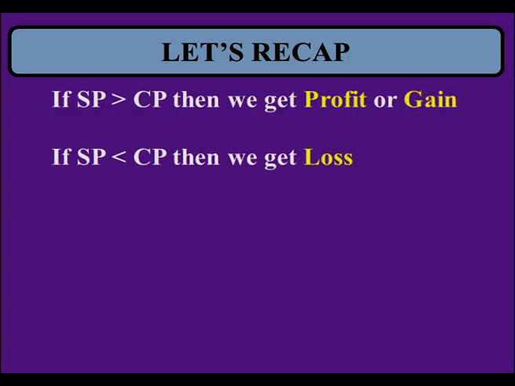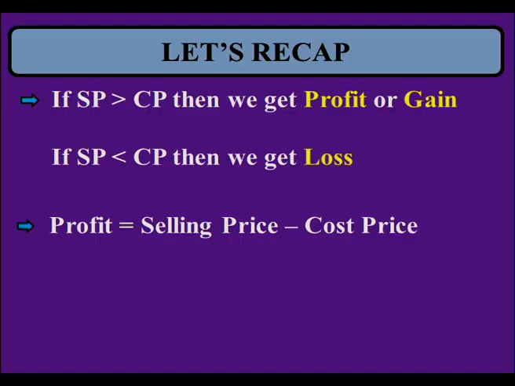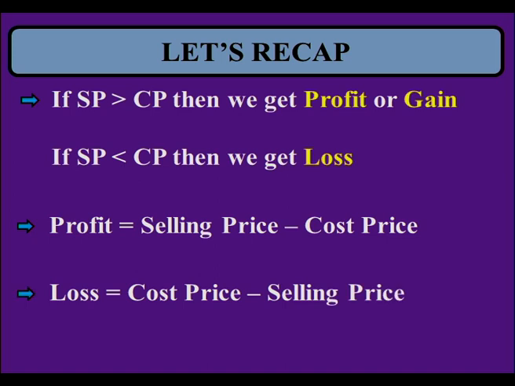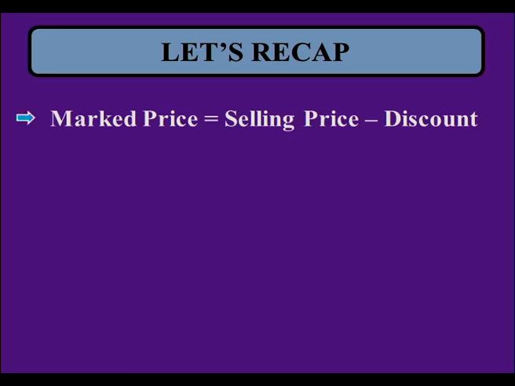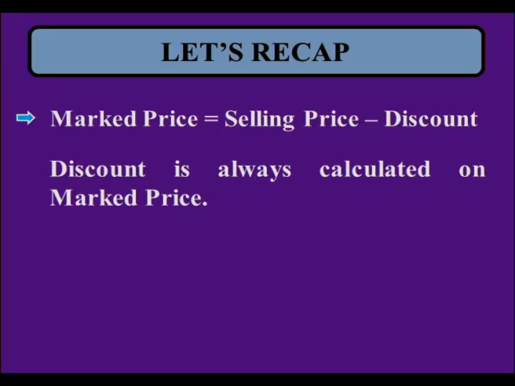If selling price is more than the cost price, then we get profit or gain, whereas if selling price is less than the cost price, we get loss. Profit is equal to selling price minus cost price, whereas loss is equal to cost price minus the selling price. Mark price is equal to selling price plus discount, and discount is always calculated on mark price.